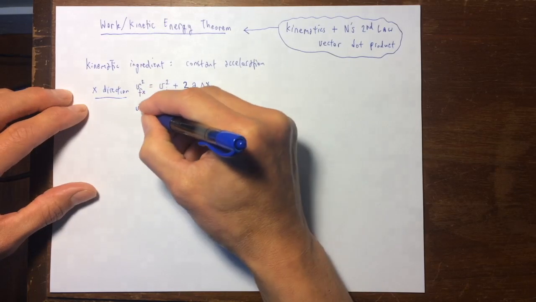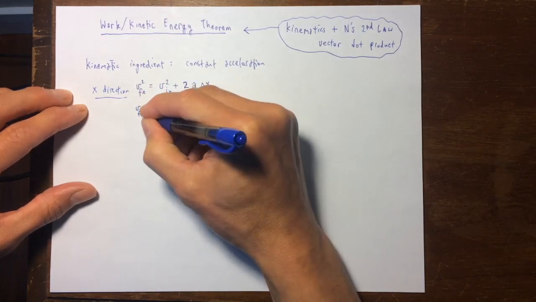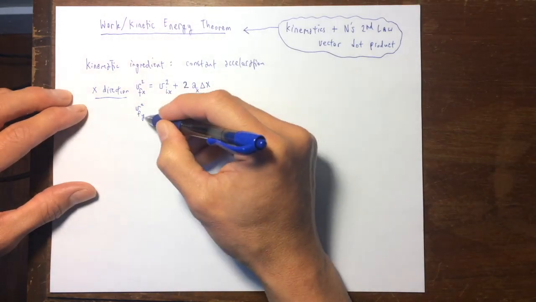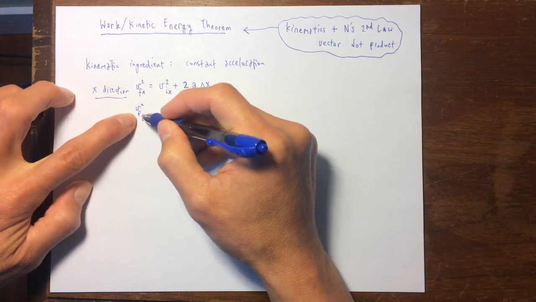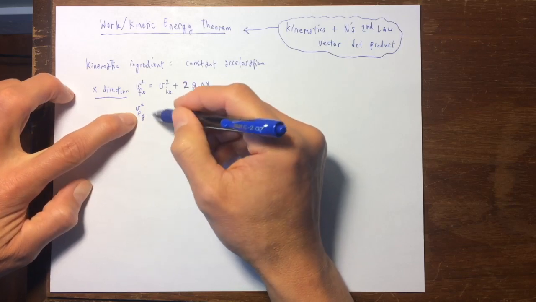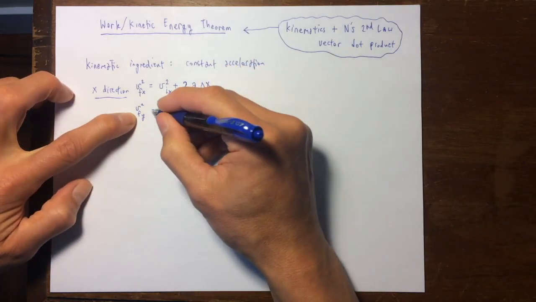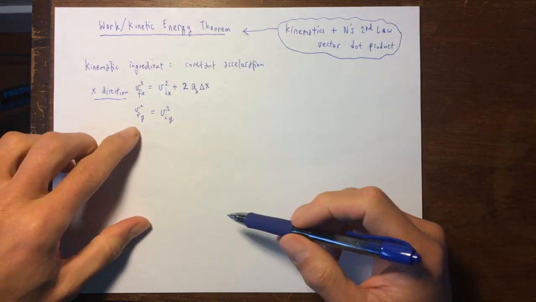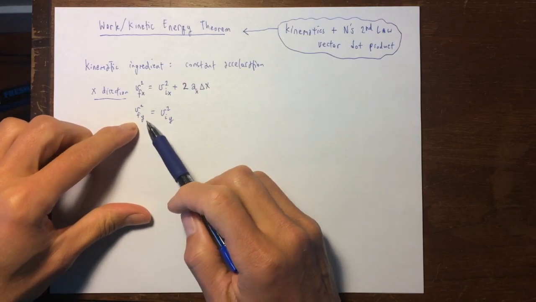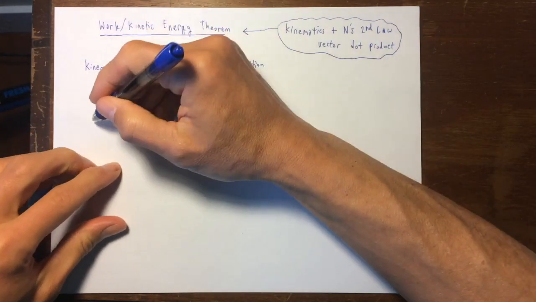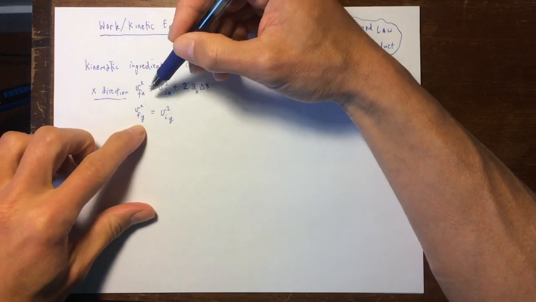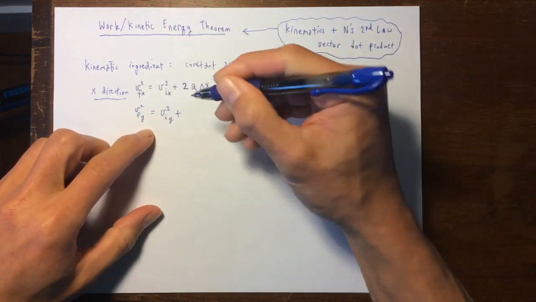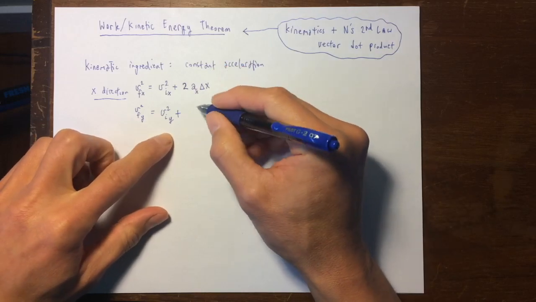So in the y direction, it would look like this. So v final sub y squared. So this is the y direction final component of the velocity squared, just the y component. Here is the initial. So doing the y direction, the final velocity in the y direction squared is equal to the initial velocity in the y direction squared plus, looks just like the x except you make the x's look like y's.